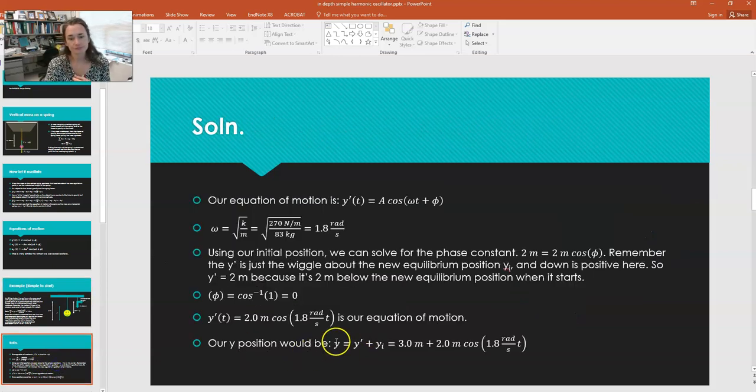So your total position y is equal to yi, which is 3 meters, plus y prime, which is 2 meters cosine 1.8 radians per second times t. That describes the motion in a mathematical way, pretty fully.